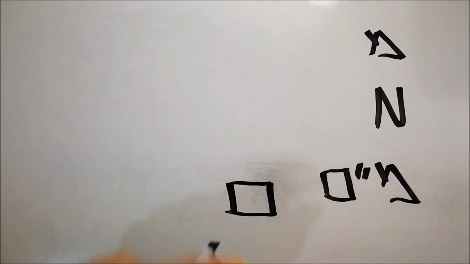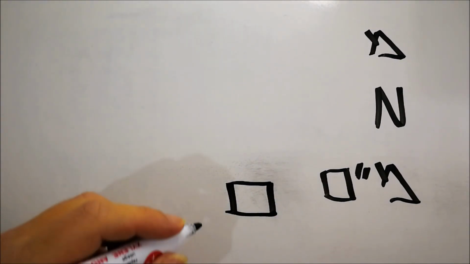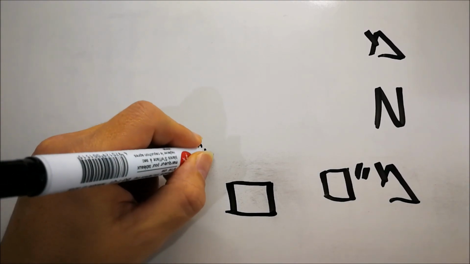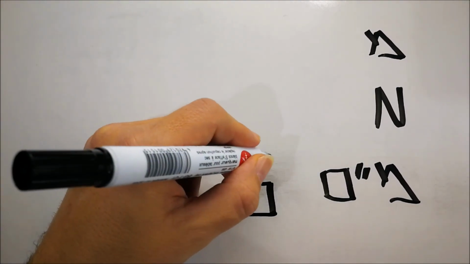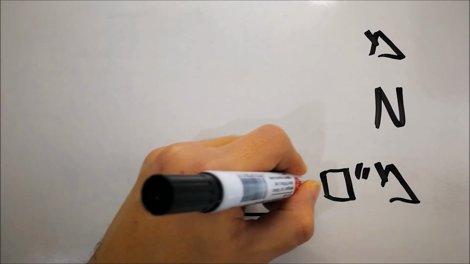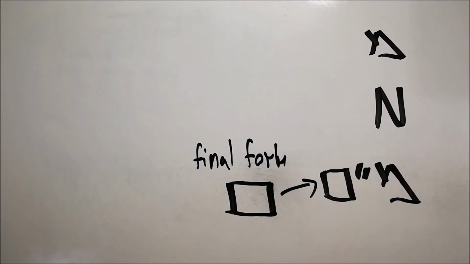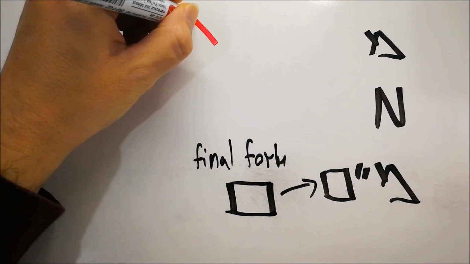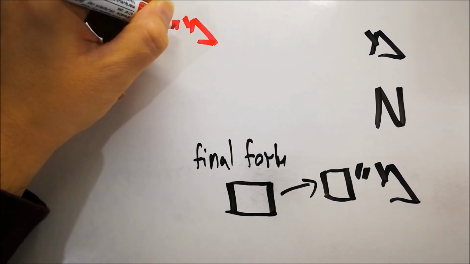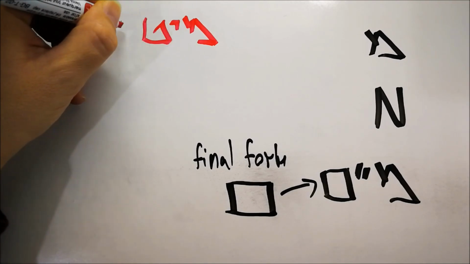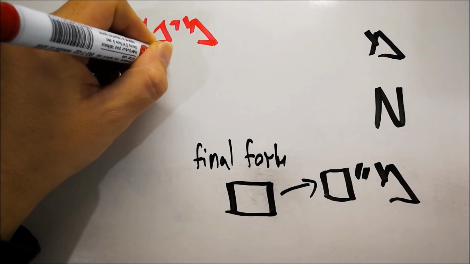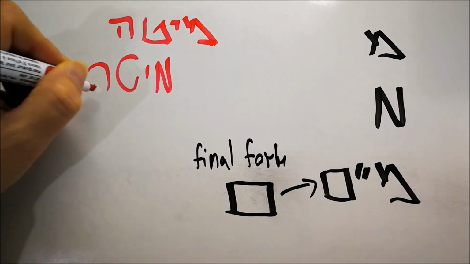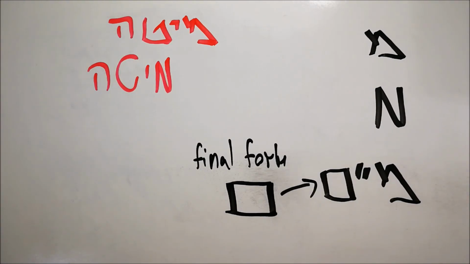This is how you write the final form of Mem. A word example for the letter Mem is mita. Mita means bed in English.